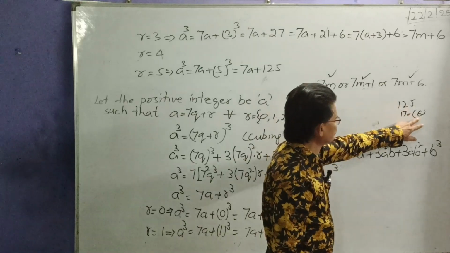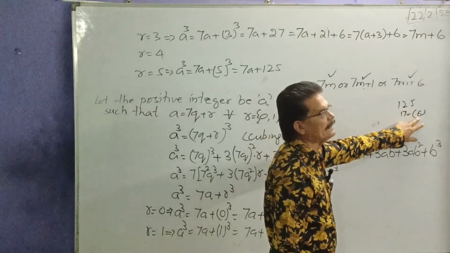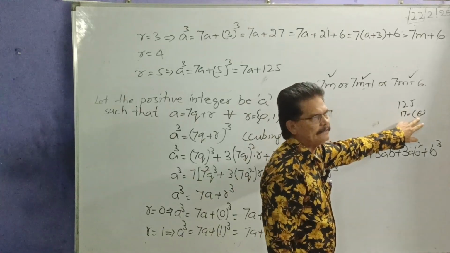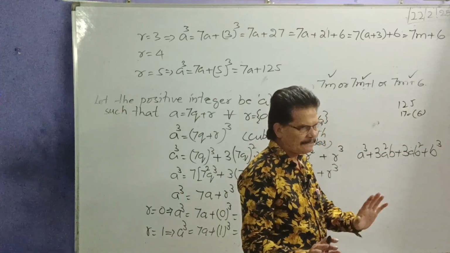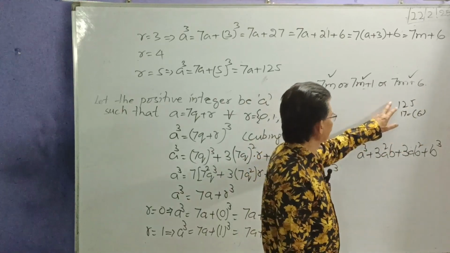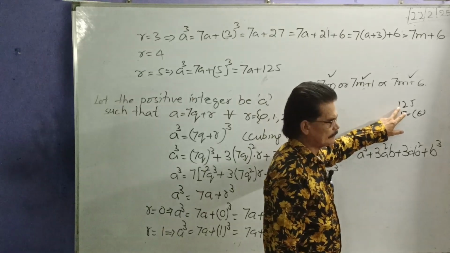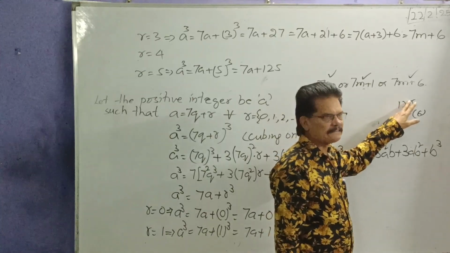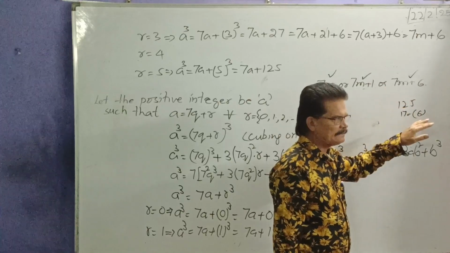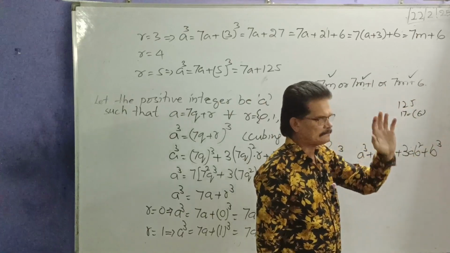So take 6 out of 125, that is 119. 119 plus 6. Understood? 7 ones are 7, 5 remains, 55, 7 sevens are 49, how much remains? 6. Remainder is 6.